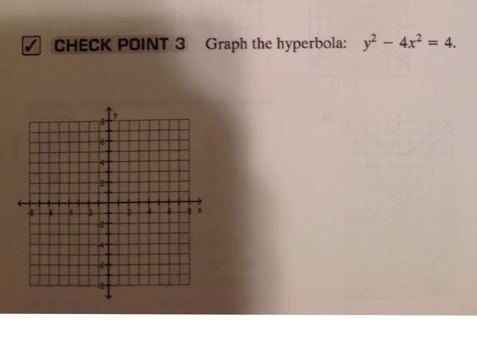All right, checkpoint 4. I'm sorry, checkpoint 3. I said checkpoint 4 before. This is checkpoint 3. The equation will be y squared over 4 minus x squared equals 1. X squared would be over 1.